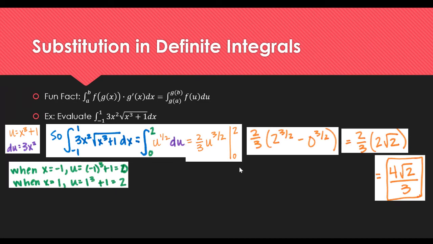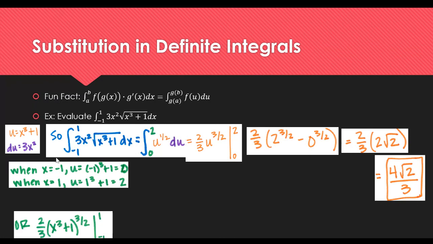I told you I would show you two ways, though. So what's the other way to do this? The other way is just to take your problem. So right here, where I had 2/3 u to the 3/2, not to change that 0 to 2, and to plug my u back in.